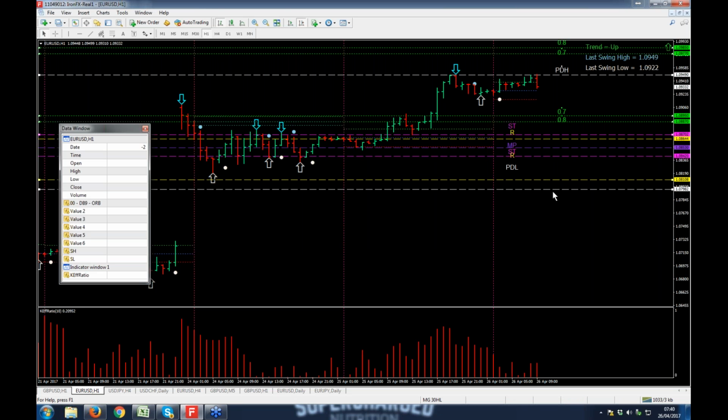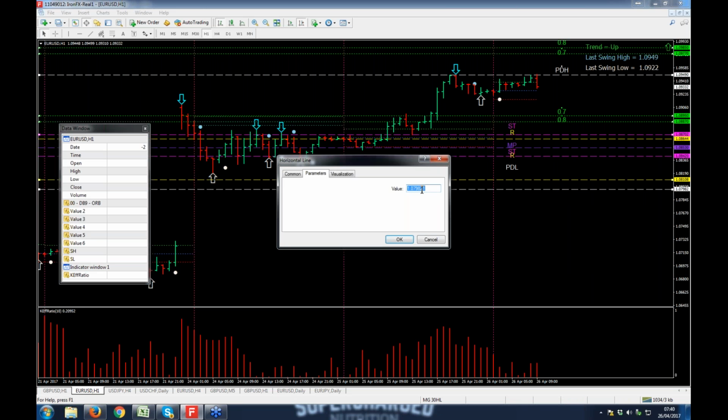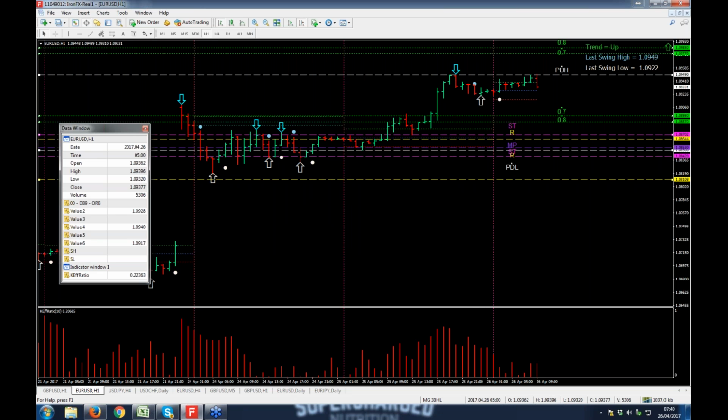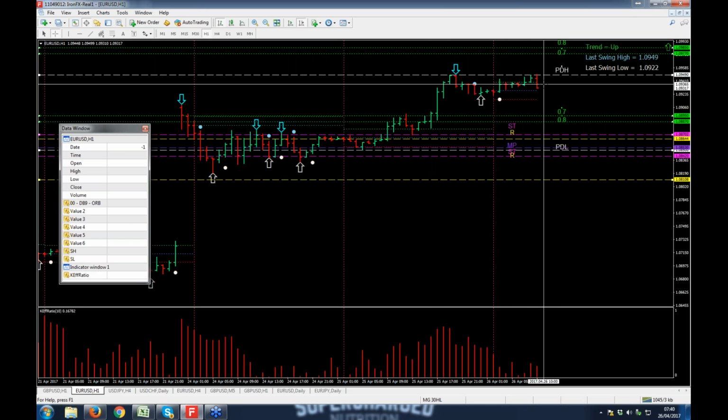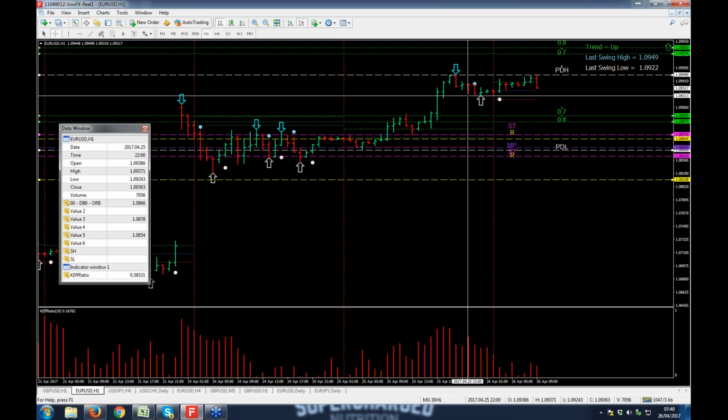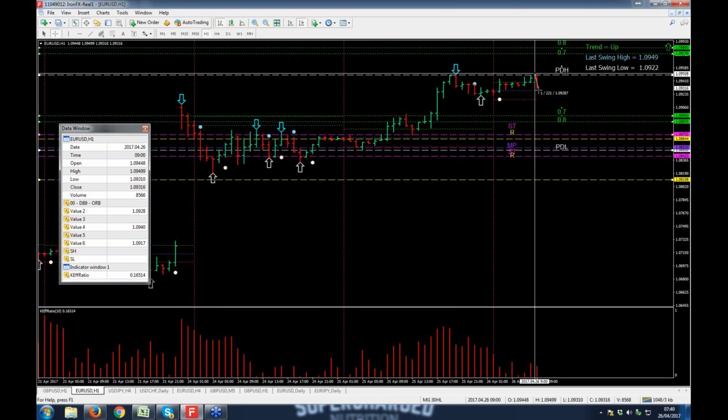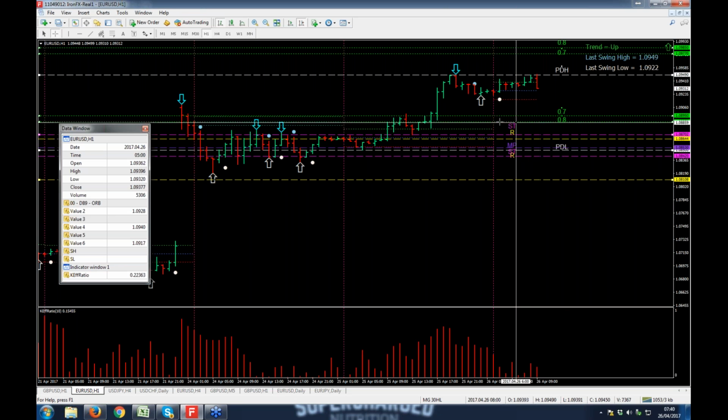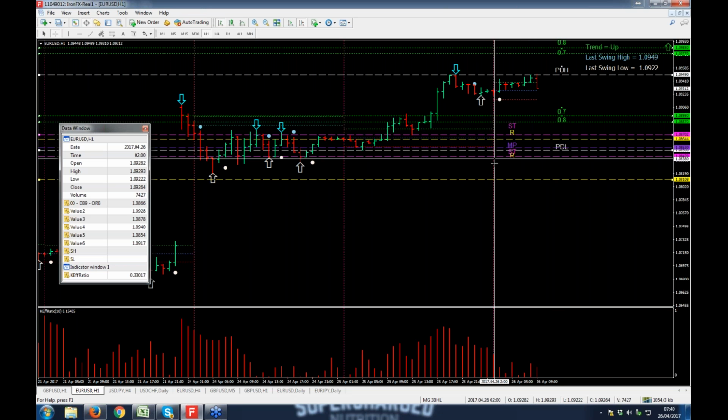Let's just move some of these other lines out of the way, make that nice and clear. Okay, fantastic. And let's go ahead and draw in the next key level, which is the range between now and midnight.